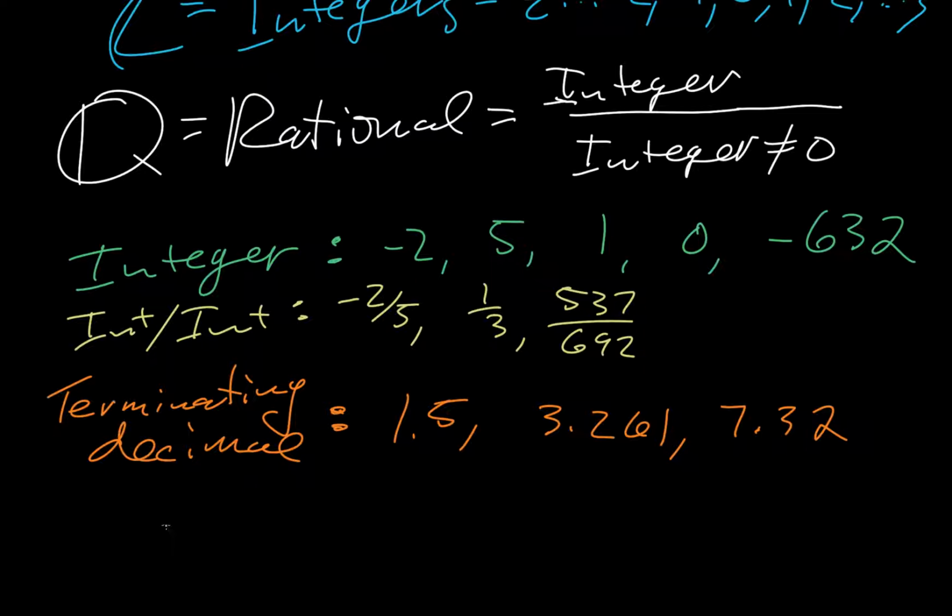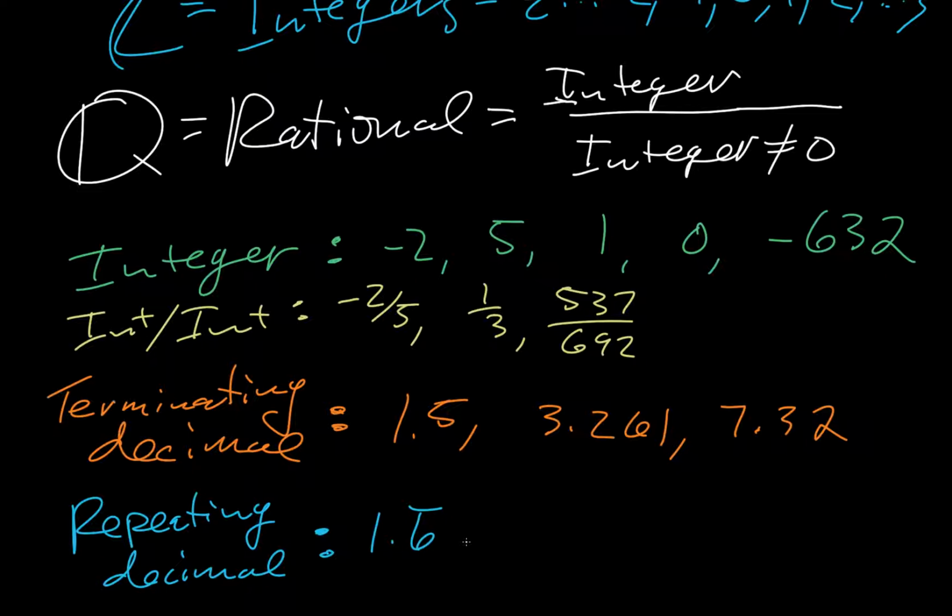Now, the last way to recognize it is a repeating decimal. And for a repeating decimal, that's like 1.6 repeating, 5.727272 ... repeats that forever. All of those can be written, all of those are rational numbers.